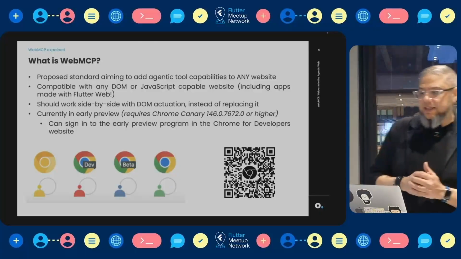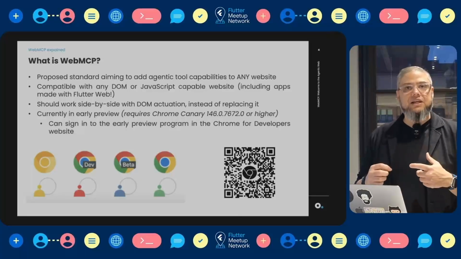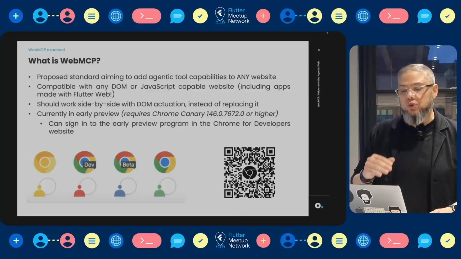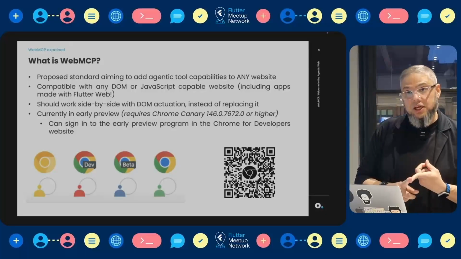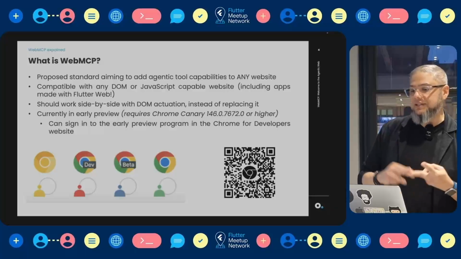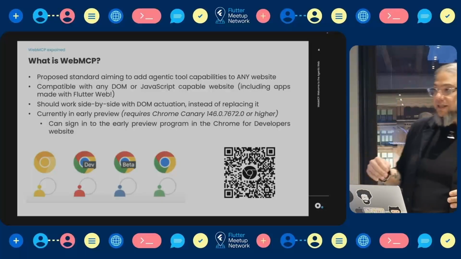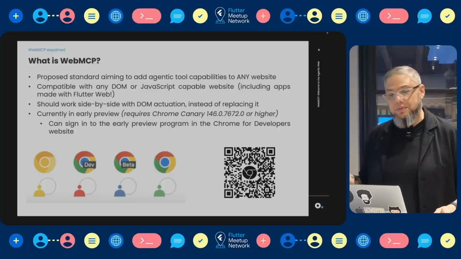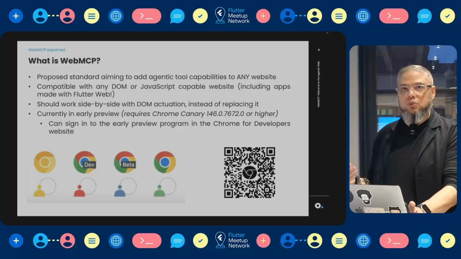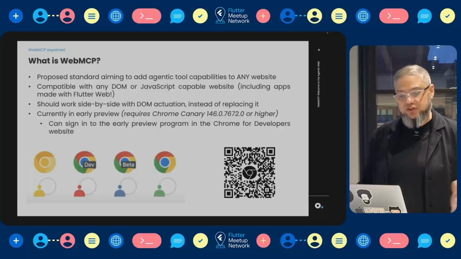One of the things this proposal aims for is a standard that is compatible with any website that is capable of rendering DOM and that can run JavaScript. That's a must for the standard, and that of course includes Flutter applications built for the web, because Flutter applications built for the web are exactly regular web applications, right?